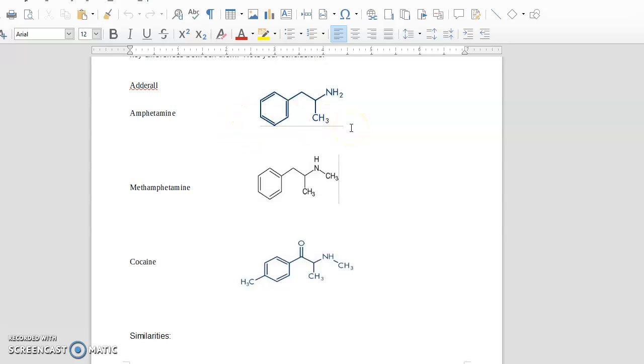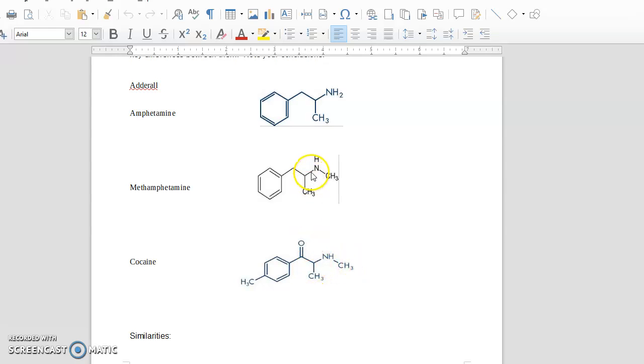Now let's look at something that's quite a bit more powerful as a stimulant, and that's cocaine. Here, there's a few different changes. You've got a methyl group off over here. This right here, instead of having two hydrogens off of this carbon, you've got a double bond O. And you still have this same type of function here that you had with the methamphetamine.